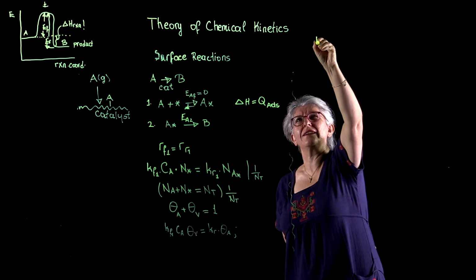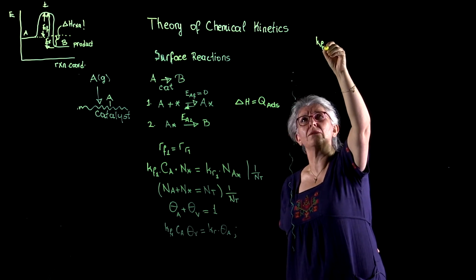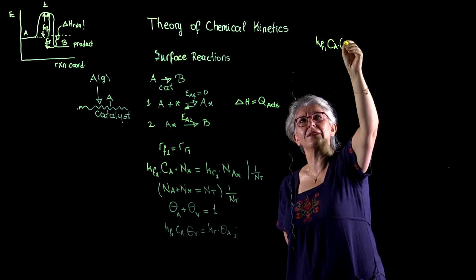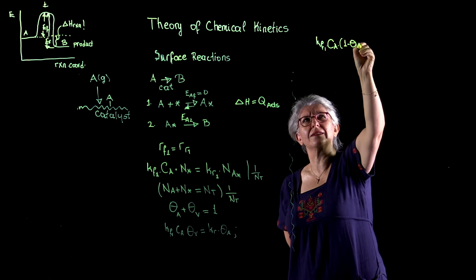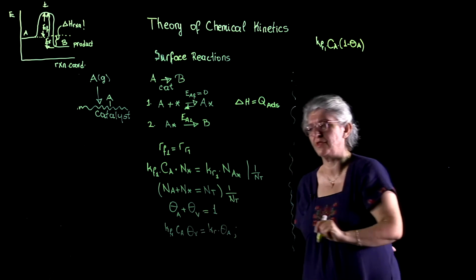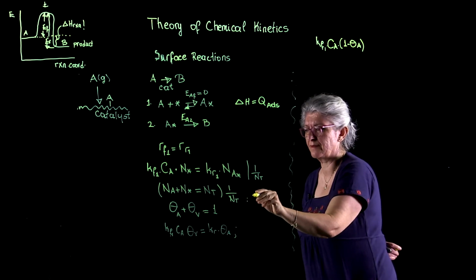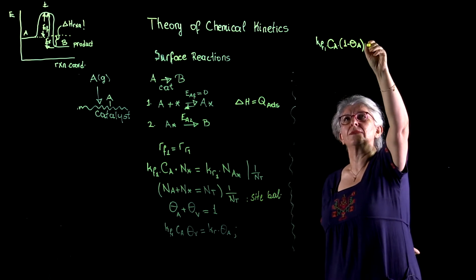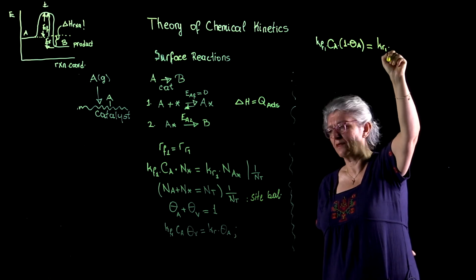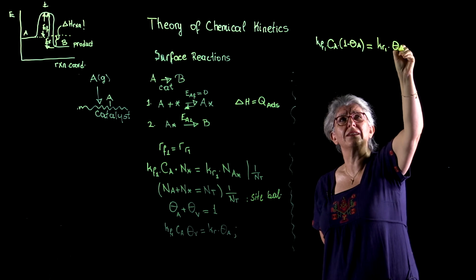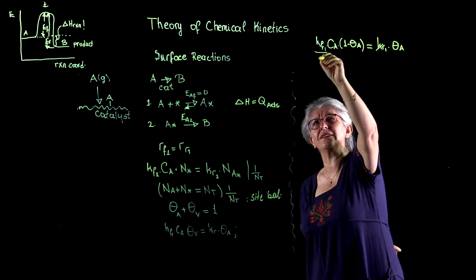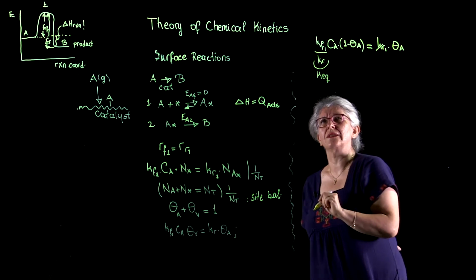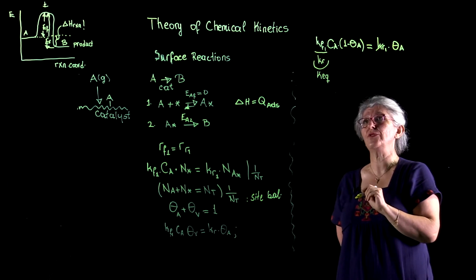So I have k forward 1 times C A times 1 minus theta A. I substituted for theta vacant from what we call the site balance, to be equal to k reverse 1 times theta A. As usual, I will divide this, and I will call this the equilibrium constant of the adsorption of A on the surface.